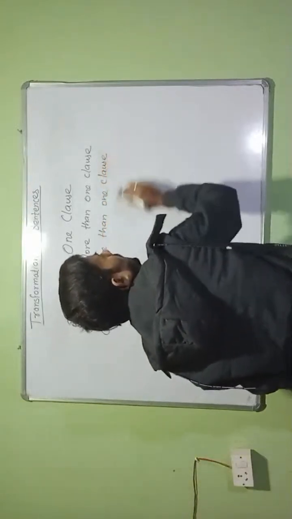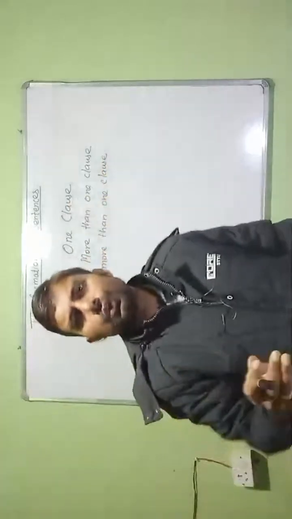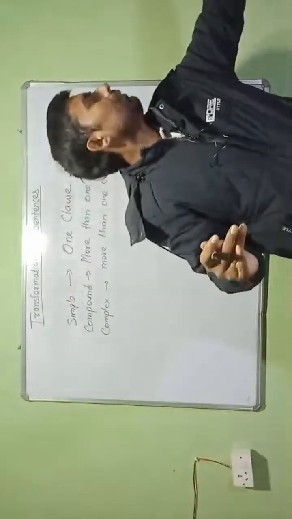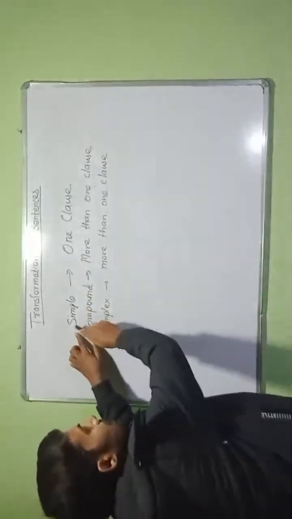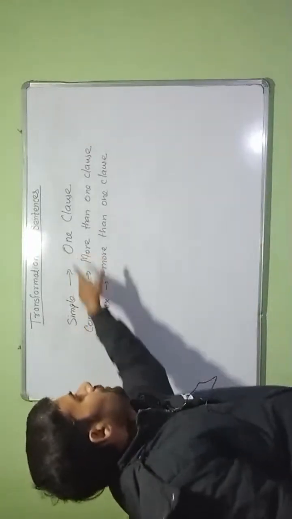So if you understood this concept, you are going to know what you need to do while converting them from one category to another. If you want to change a sentence from simple to compound, a simple sentence will have only one clause.